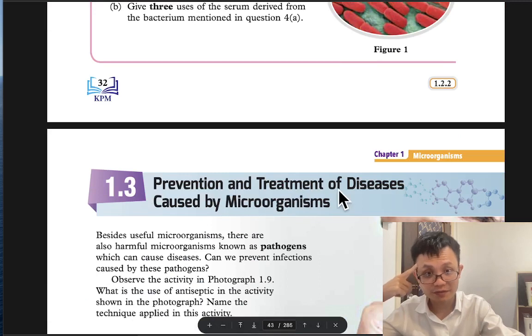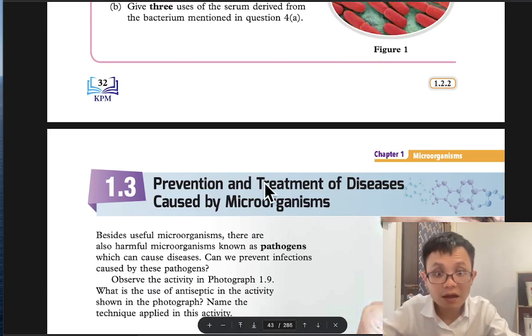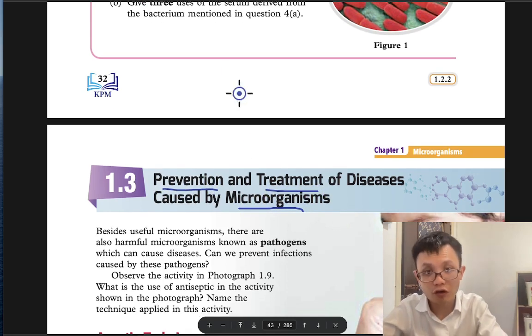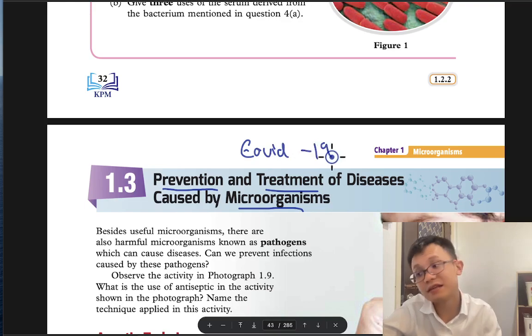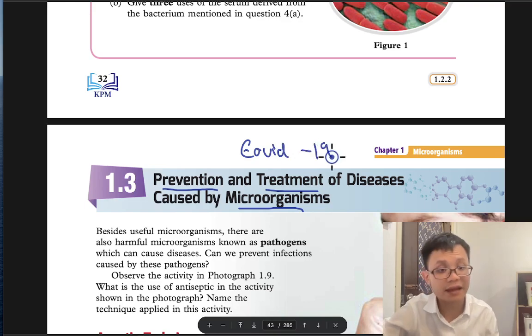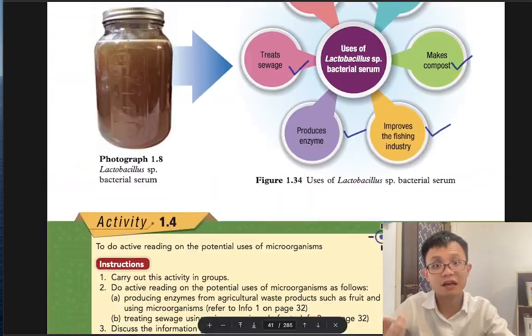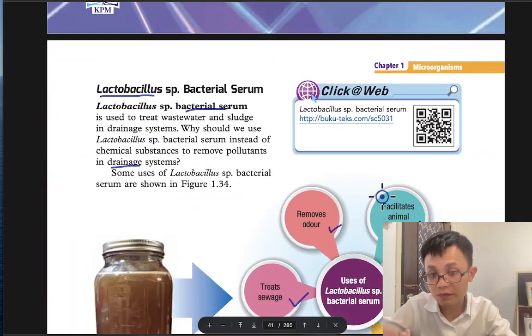Prevention and treatment. So of course, when there are a lot, we need to prevent, because sometimes microorganisms cause disease. One of it is COVID-19. Okay, COVID-19 is caused by a virus and it's a disease. So just now we learned that bacteria are good.